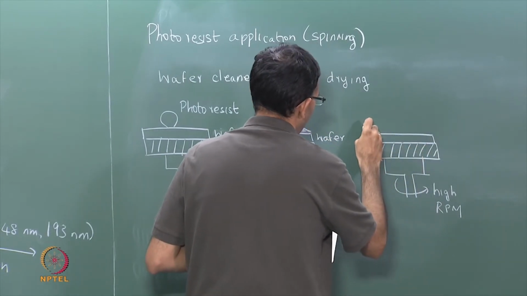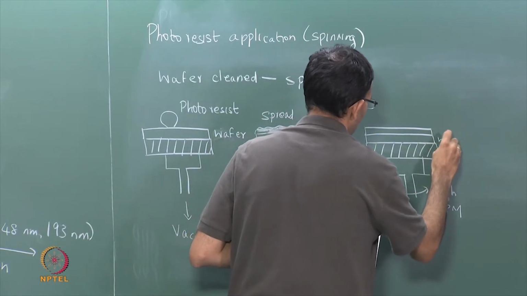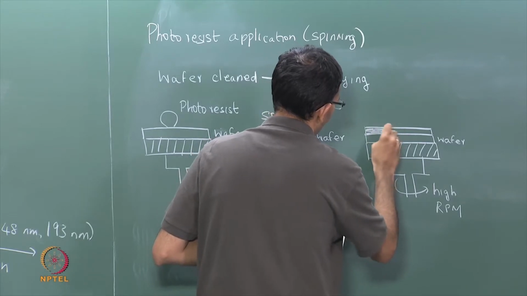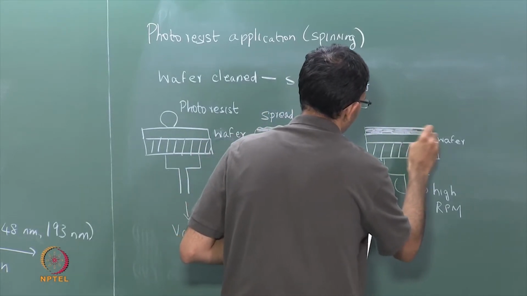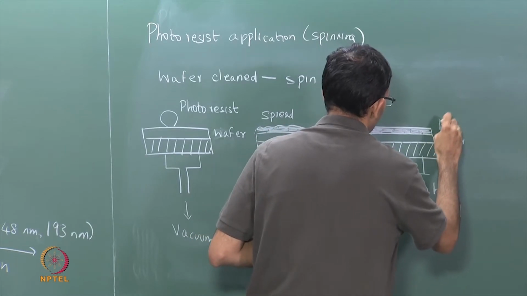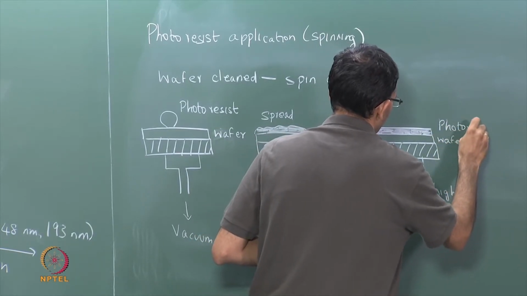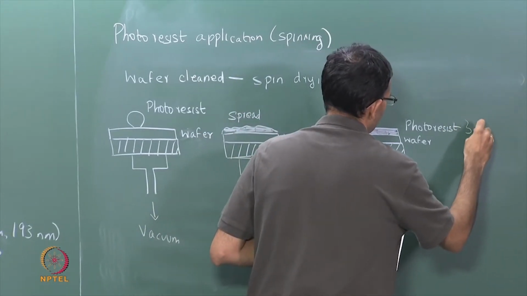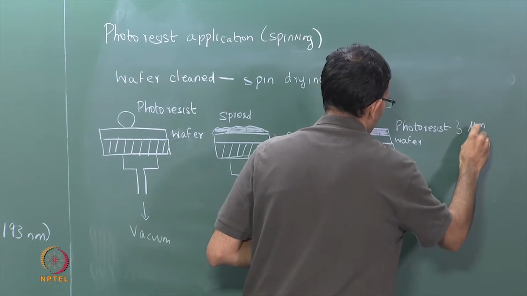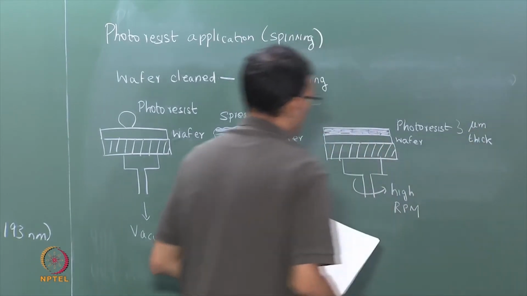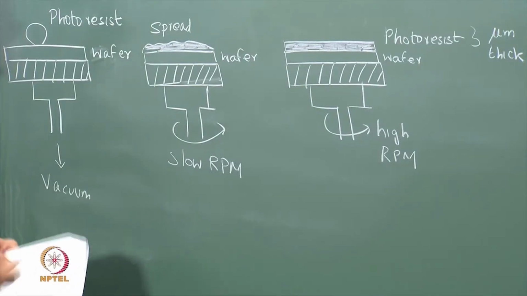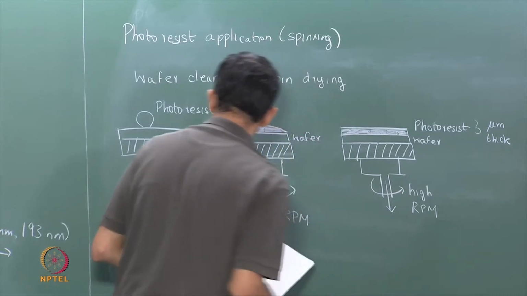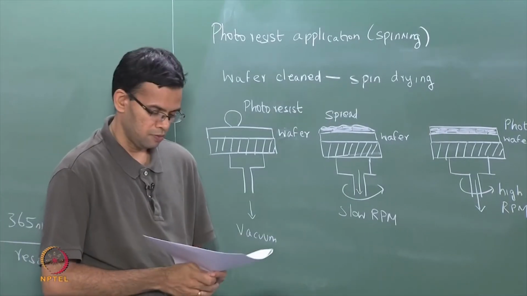When you do this, all the excess photoresist that is there on the surface is removed, and you now have a uniform layer of photoresist on the surface. This photoresist is usually a few micrometers thick, maybe 1 or 2 micrometers, but it is uniformly present on the surface. In all of these cases, the wafer is still held by vacuum using the vacuum chuck.